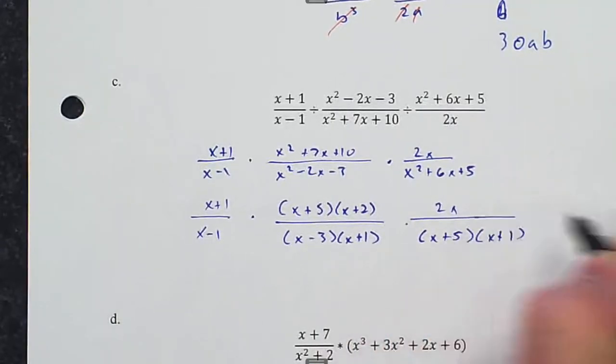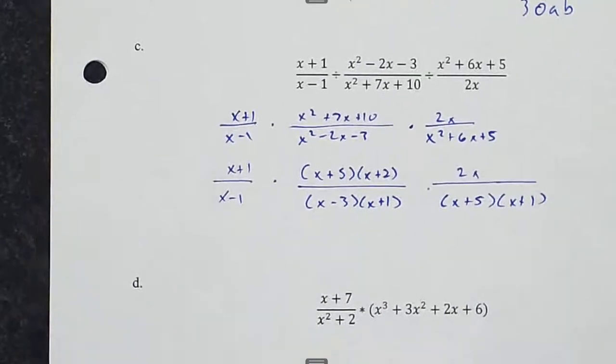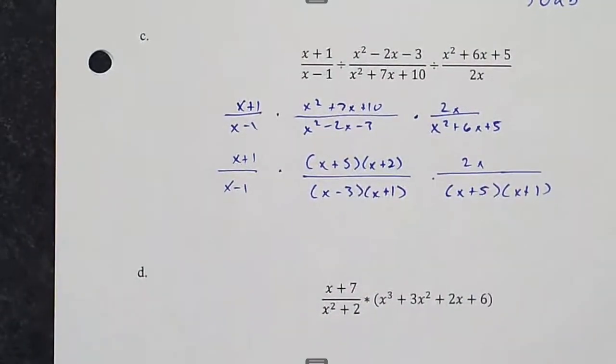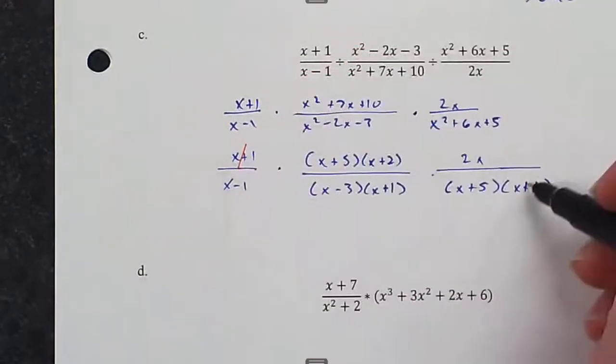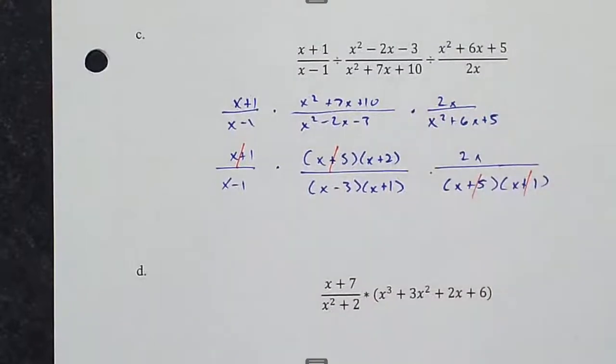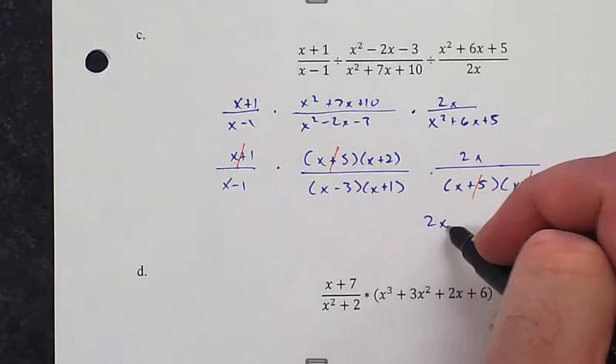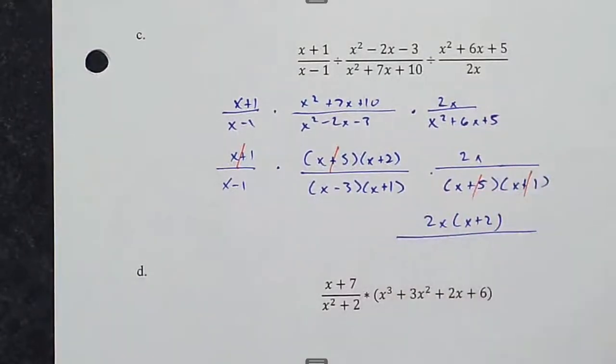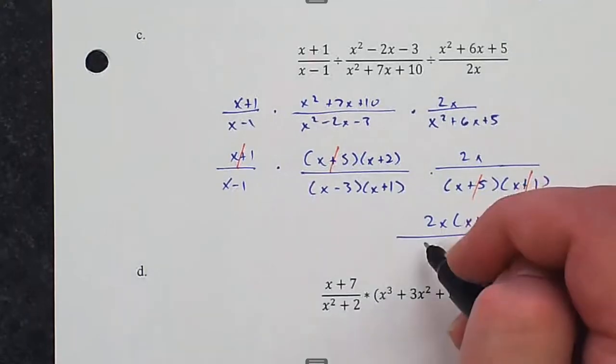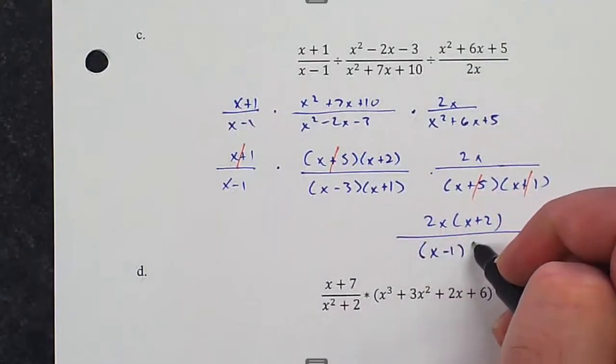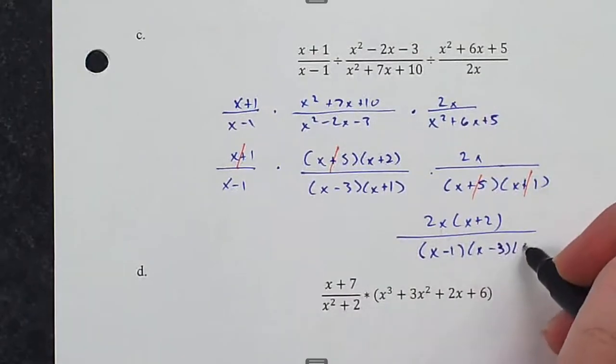And that's how I think all those factor. And hopefully we have some things that match on top and bottom. Reduce, reduce, reduce, reduce. I'm not seeing much else, though. So I think we have 2x times x plus 2, and x minus 1 times x minus 3 times x plus 1.